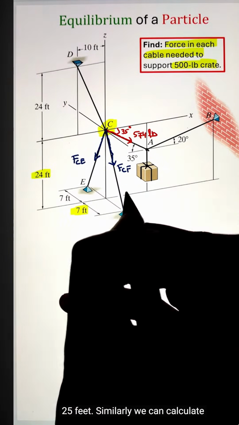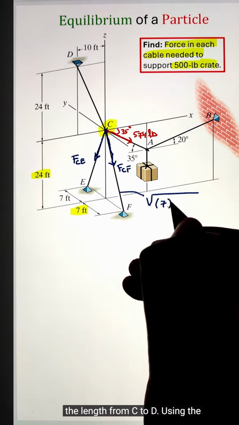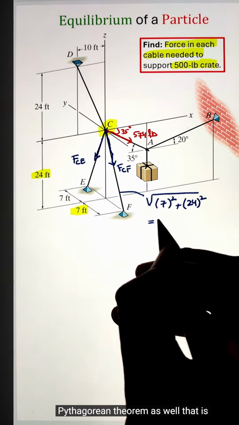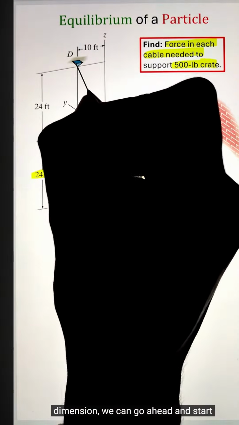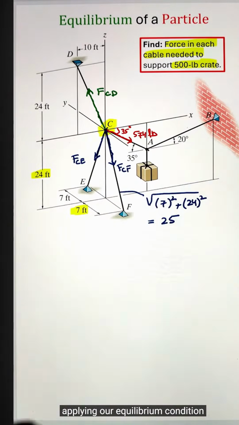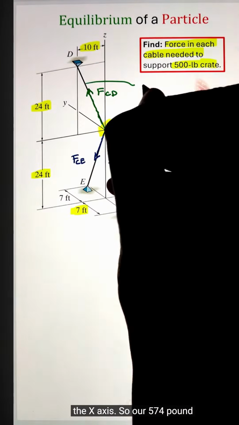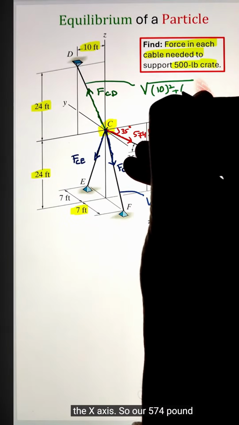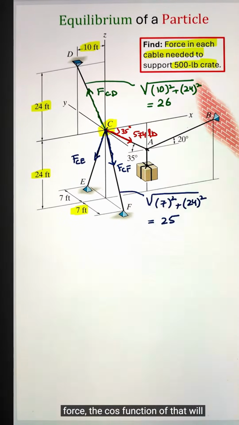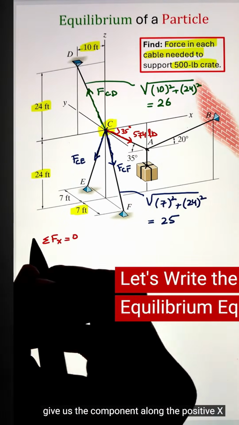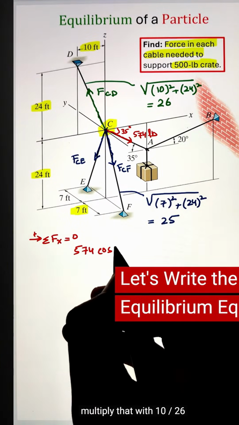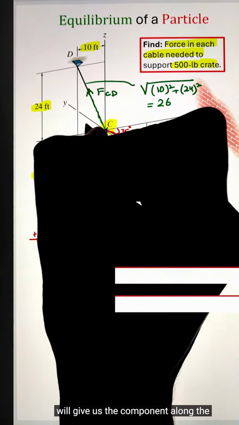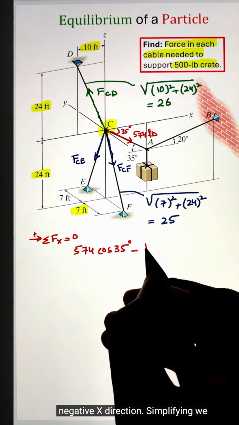Similarly, we can calculate the length from C to D using the Pythagorean theorem as well, which comes to 26 feet. Once we have all the dimensions, we can start applying our equilibrium condition, starting with the summation of forces along the x-axis. So for our 574 pound force, the cosine function of that will give us the component along the positive x-axis, whereas the FCD, if we multiply it by 10 over 26, will give us the component along the negative x direction.